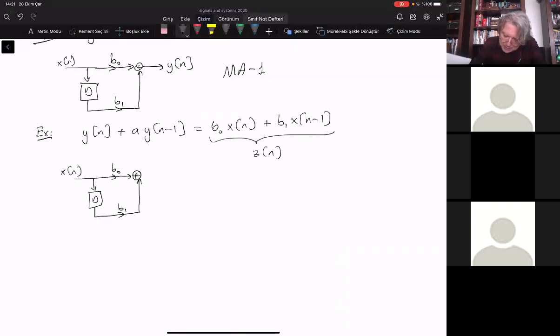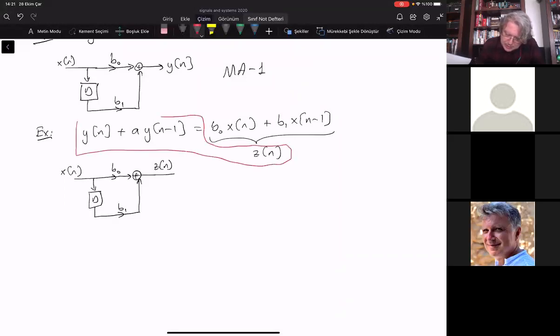I combine them, and I generate Z of n. Okay, the output is Z of n. Now this Z of n is the input to this larger equation, like this. Y of n plus a y of n minus 1 is equal to Z of n. So Z of n will be the input to this system.